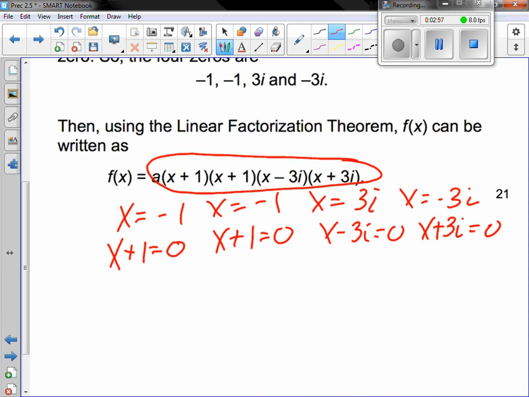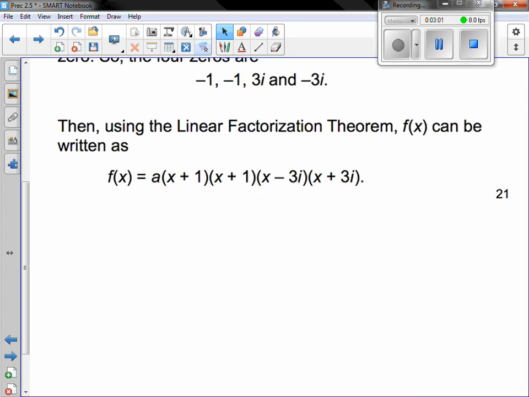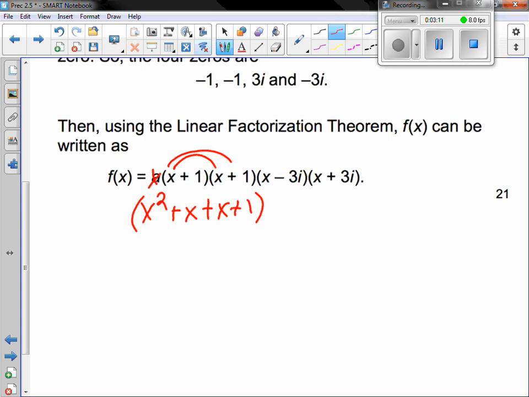So then we can put them all back together and get this here. From there, if we want to multiply it out, we'll just say a is 1. So we get x squared plus x plus 1 if we do the distributive property on the first step.